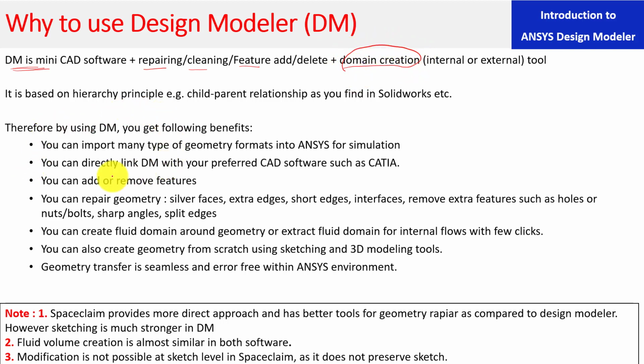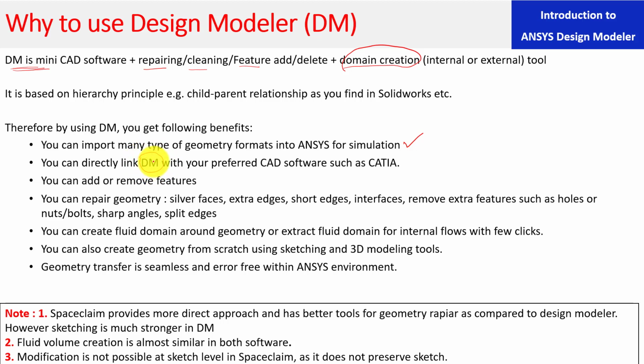And so basically what you get in the Design Modeler is that you can import many types of geometry formats into ANSYS for simulation. You can also directly link Design Modeler with your preferred CAD software. For example, if you are working in CATIA and the CATIA model is open, then you just open the Workbench and drag the Design Modeler into Workbench.